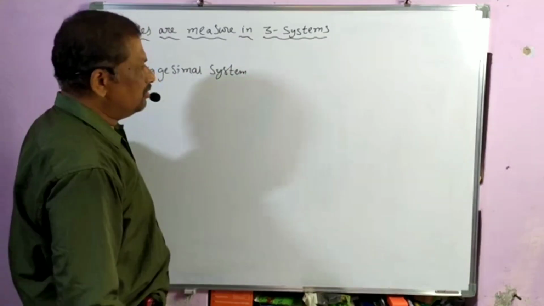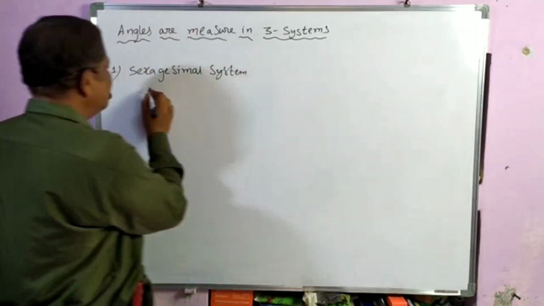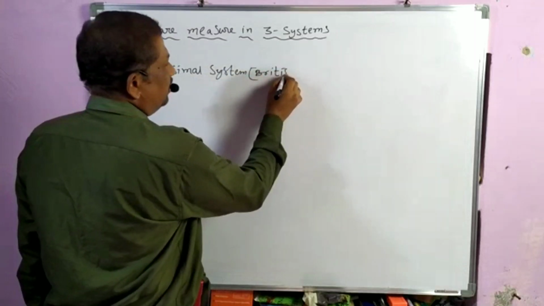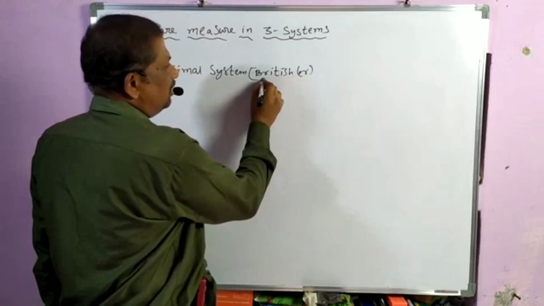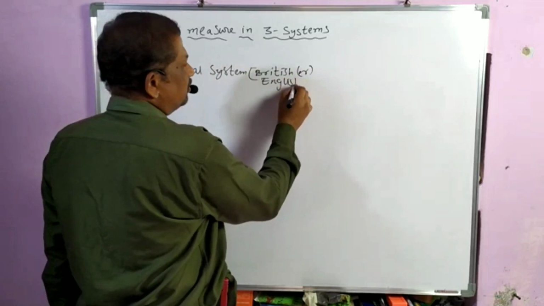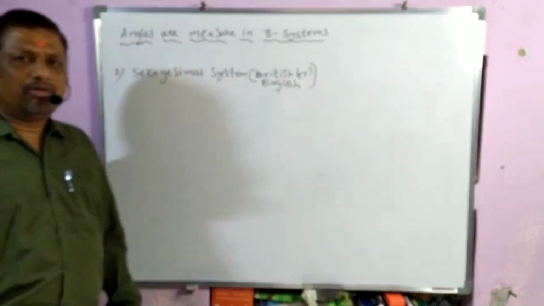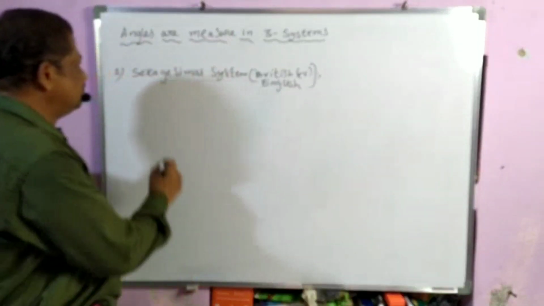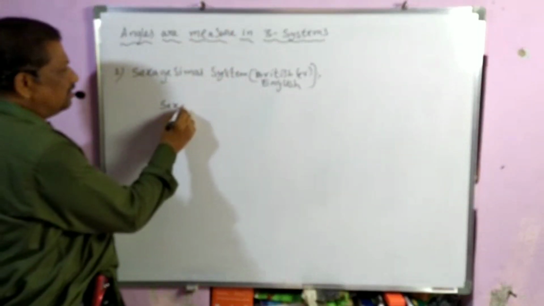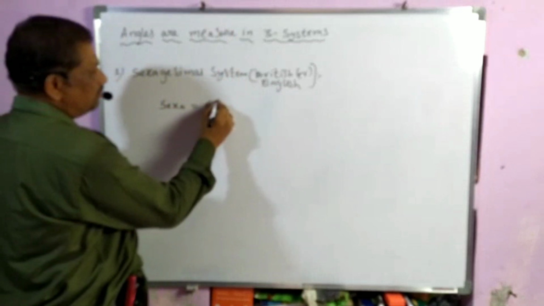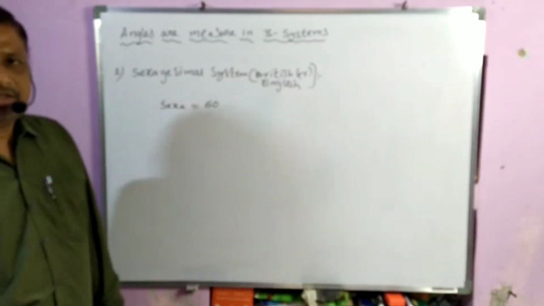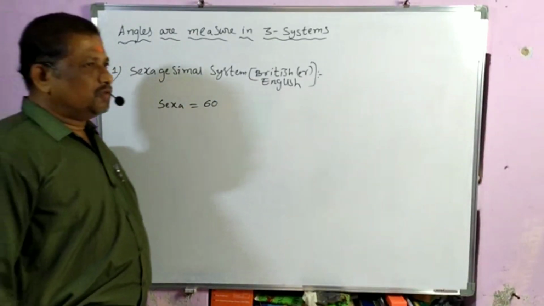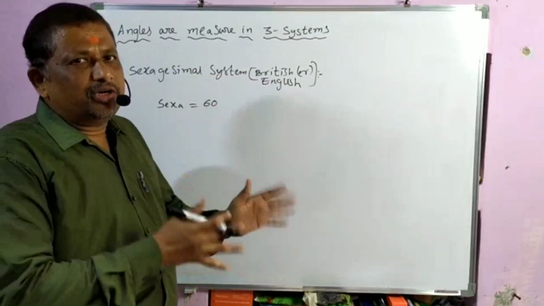It is also called the British system or English system. Okay, what is the hexadecimal system? Hexa means 60. Hexadecimal system means dividing into 60s, multiples of 60.